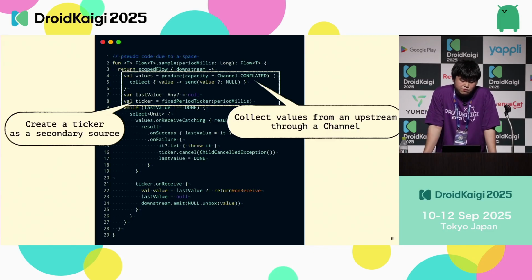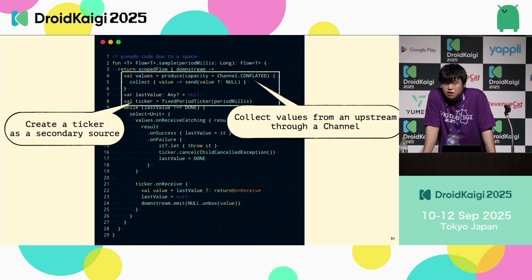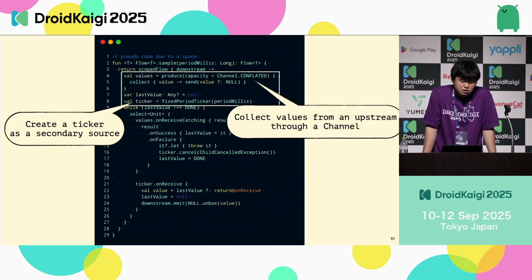I'm not going to explain the details, but I'll remark on points for those who would like to read the implementation later. First, the sample function creates a channel to collect values from an upstream. Secondly, a time ticker will be created as a secondary source. So this handles 2 value sources.